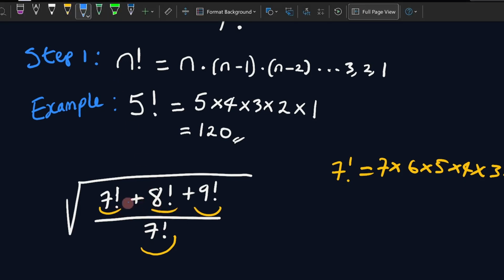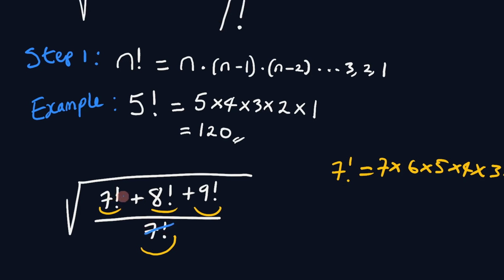The common mistake students make is they try to cancel out this 7 factorial with this 7 factorial, forgetting that there is a plus sign here. We can only do this when it is a multiplication sign. But since we have an addition sign here, we cannot do this.